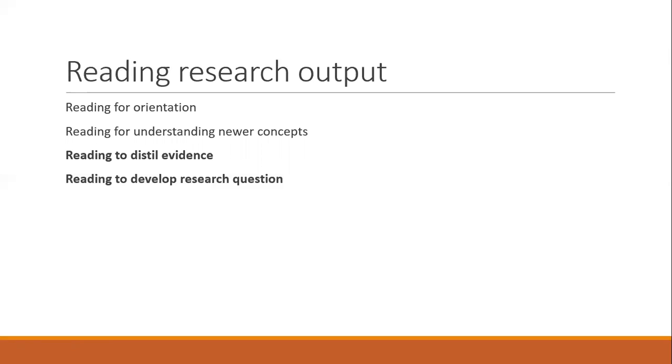This is typically what master's students do at journal club. You're reading for understanding of newer concepts. So you want to know what do they do for stroke hand now? Okay, they do CIMT. So you're looking at how was CIMT done, or what is the inclusion criteria for doing CIMT. You're not really too worried about the number of samples and all that. You're looking at something else.